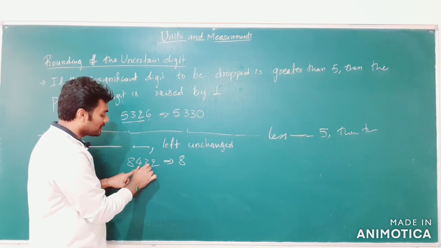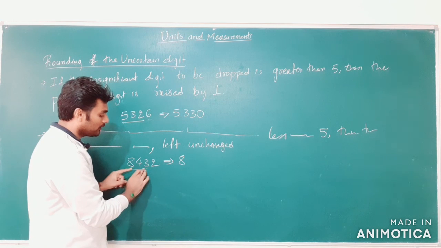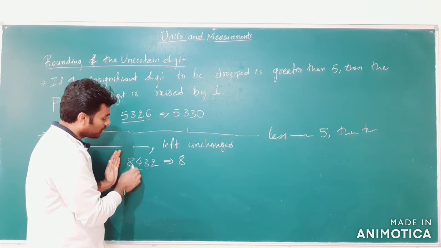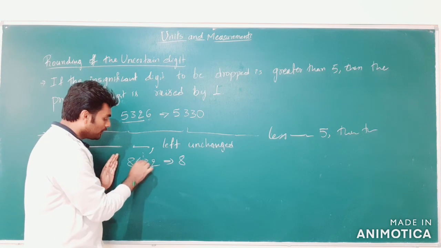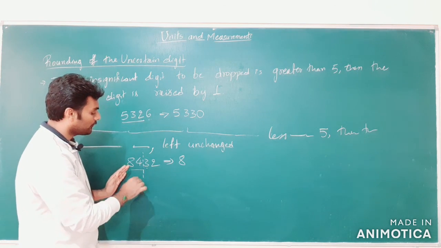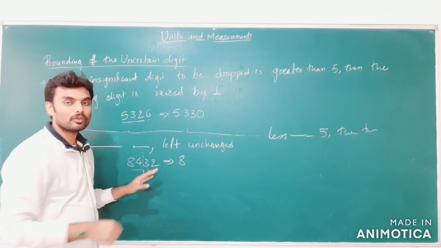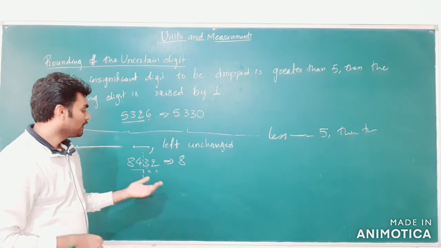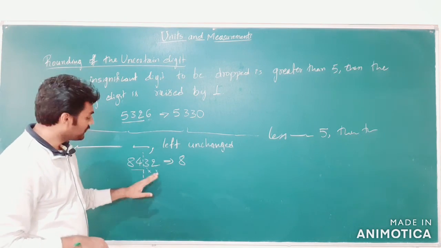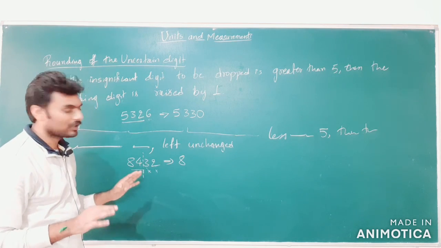See, this is the insignificant figure now, right? Because I should round it off to only 2 significant figures, so this 3 and 2 are not significant because we are going to drop them. If I am not going to drop them, these will be significant.